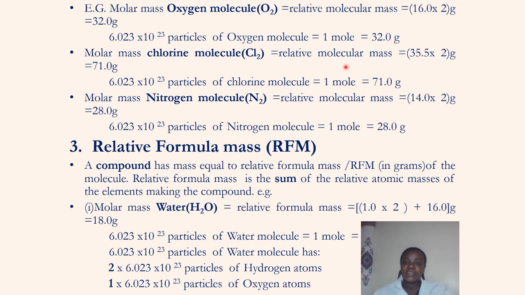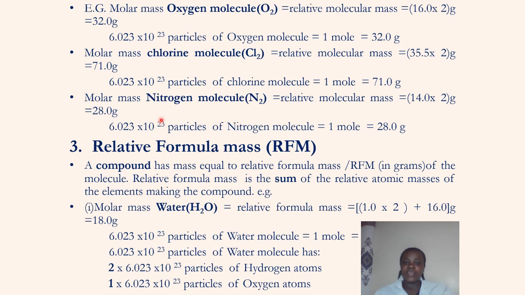So this will be 35.5 plus the other chlorine atom, 35.5 grams, which gives us 71.0 grams. And then we say 6.023 times 10 raised to the power 23 particles of chlorine molecule is equal to 1 mole, which is equivalent to its molecular mass, which is 71.0 grams.